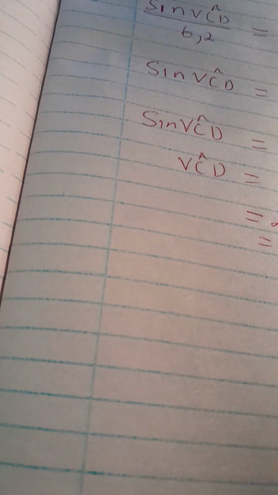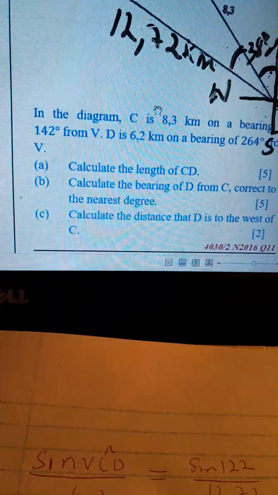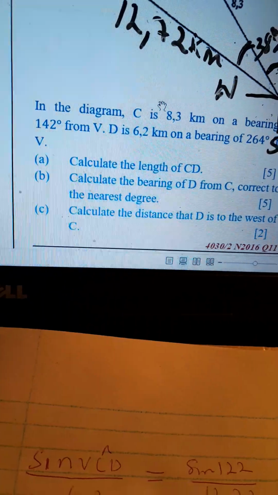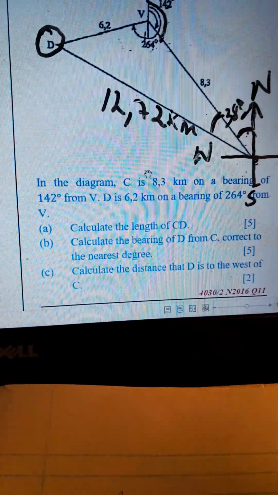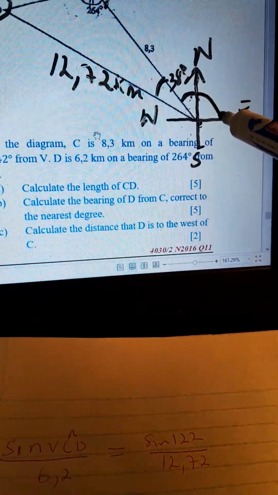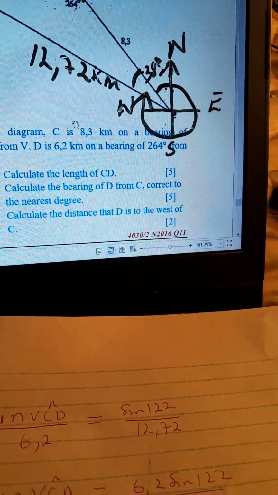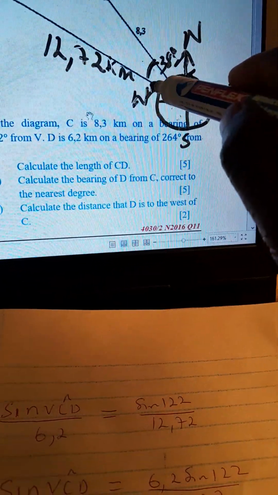Then if we get VCD, we can now calculate, because the bearing of D from C is the bearing from here up to here.